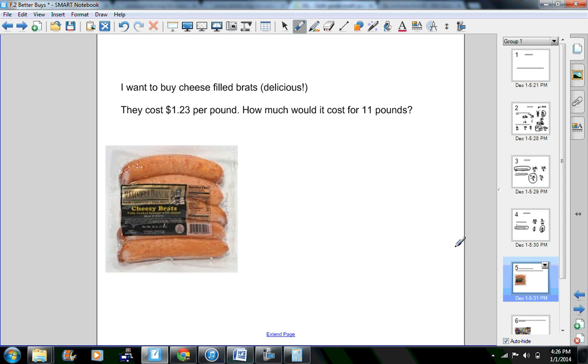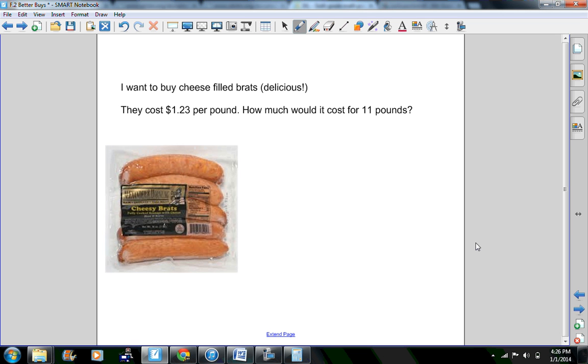So, now as we try to get to some of these more specific examples, getting a little bit more realistic, we want to figure out how much it would cost for more than 1 pound. So I want to buy cheese-filled brats, which are absolutely delicious, but they cost $1.23 per pound. So that's $1.23 for 1 pound.